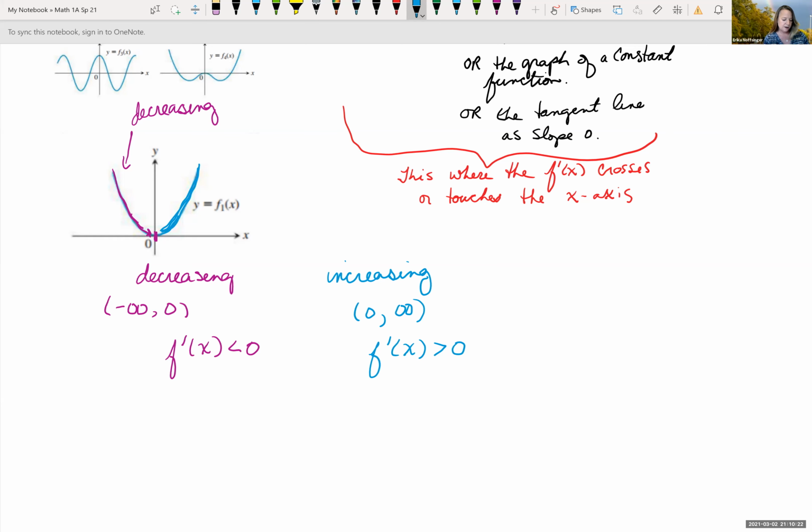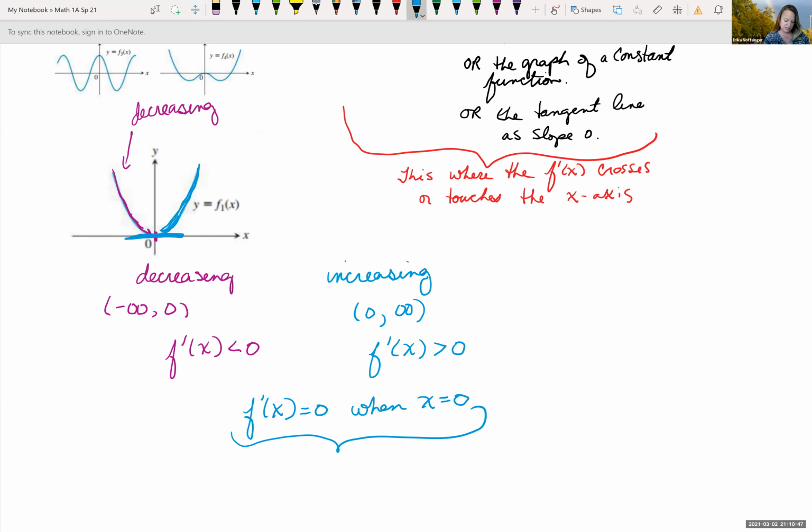The other piece here is that I can see that I have a horizontal tangent line at this minimum. And so I can see that f prime of x is equal to 0 when x equals 0. And so I can see that it's going to cross the x-axis.